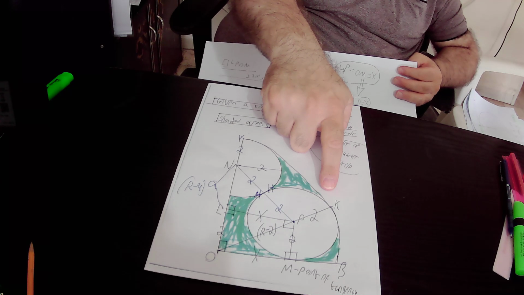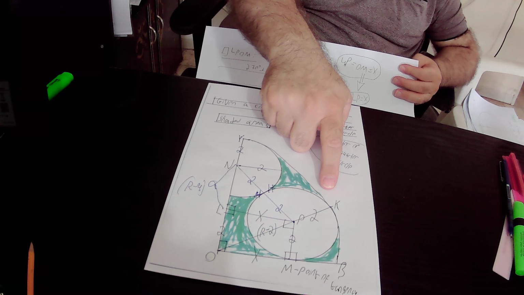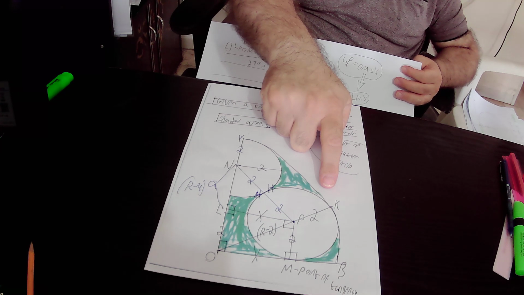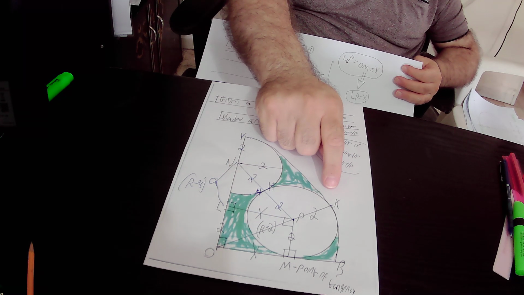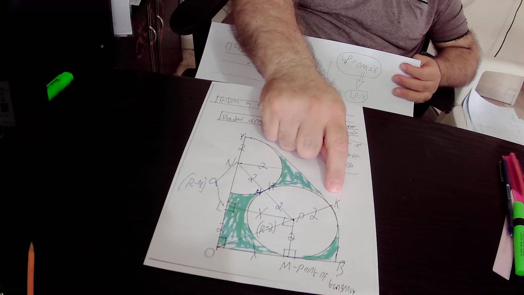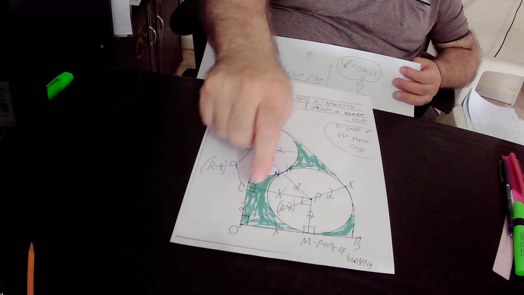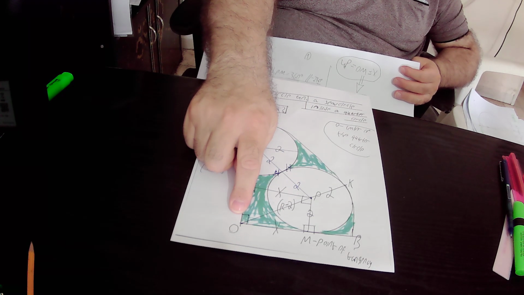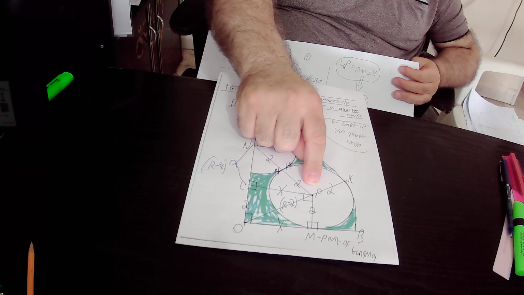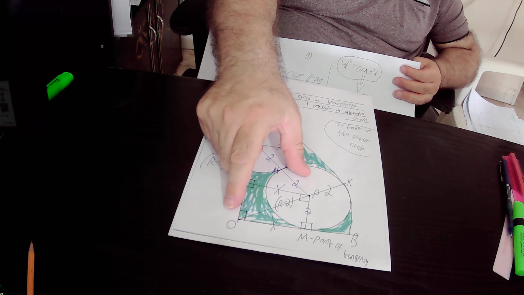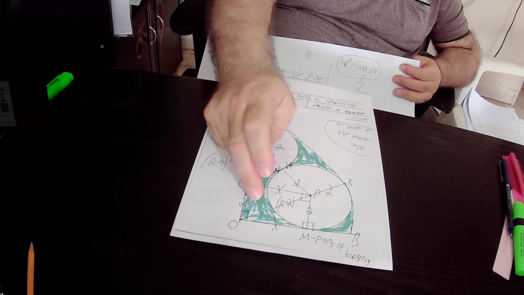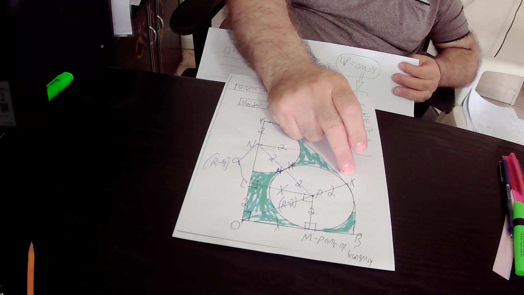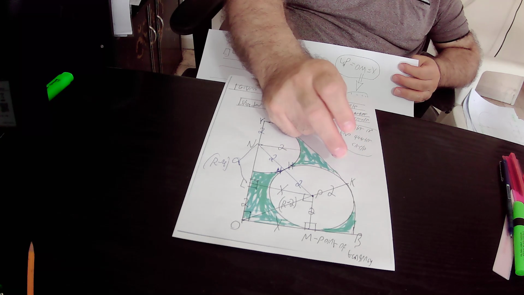Whenever you have an internal tangency between two circles or two circular shapes, then the straight line that joins the centers together must pass through the point of tangency, or the common point, that is point K. In our case, the center of the quarter circle is point O. The center of the semicircle is at point P, and the straight line that connects the two centers together is OP, and according to the rule that I mentioned, the straight line OP must pass through point K, that is the touching point of the circle and the quarter circle.